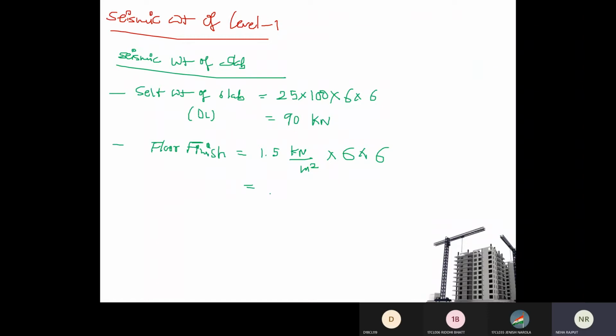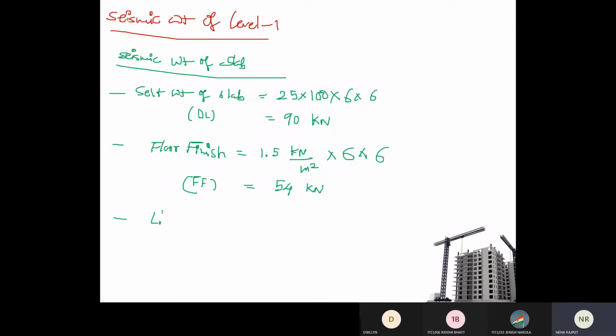Chalo. So this will give you floor finish load in kilonewton, 54. So this is your total dead load.